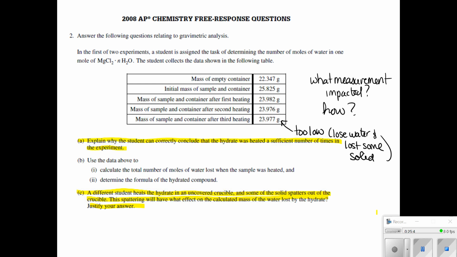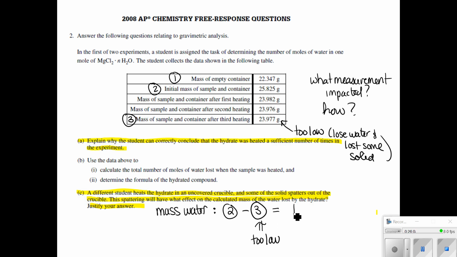And let me number these values. So if we number these values 1, 2, 3, when we calculate the mass of the water lost, what we did, remember we just did this on the previous page, is we took the value in 2 and subtracted the value number 3. If this value is too low, you're going to subtract a number that's too small.